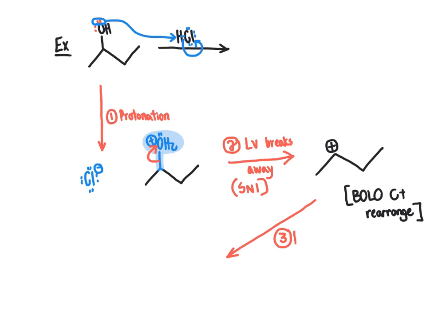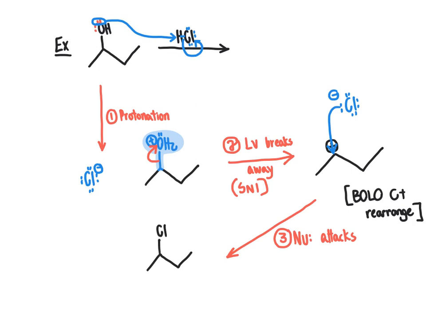So in step 3, the nucleophile, that halogen anion, is going to attack the carbocation. Opposites attract, so we have that negatively charged chlorine attacking the positively charged carbon. So we get the chloride coming in, forming a new covalent bond to that carbocation to lead us to our final product of this particular reaction.